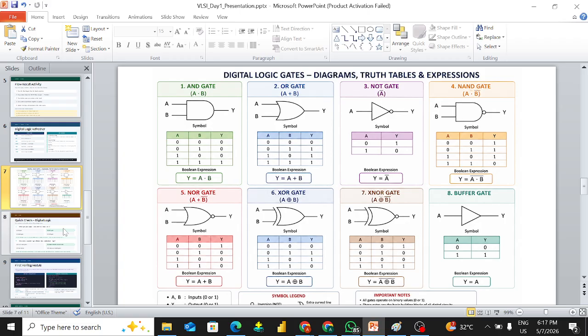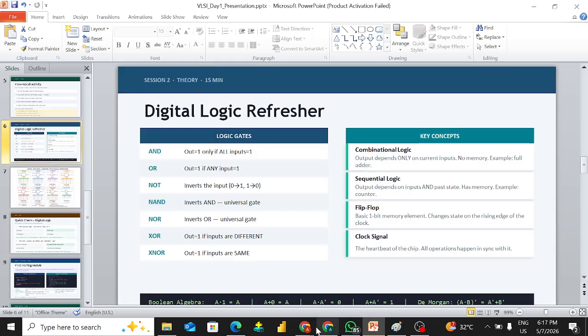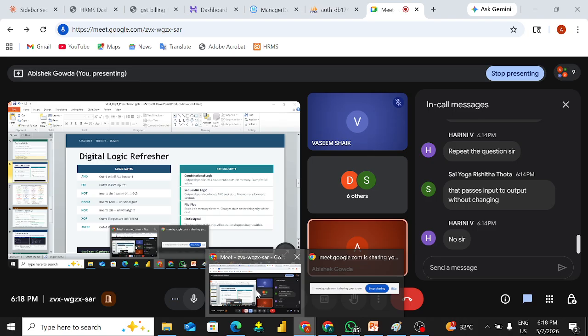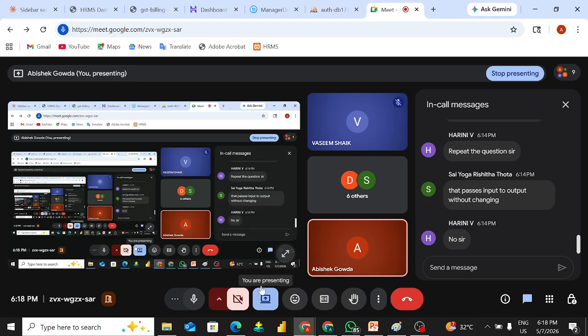Then I did mention De Morgan's law, right? Before going to De Morgan's law, we need to know the difference between combinational logic and sequential logic. Do you have any idea about combinational logic versus sequential logic? Tell me in the chat, guys, fast.